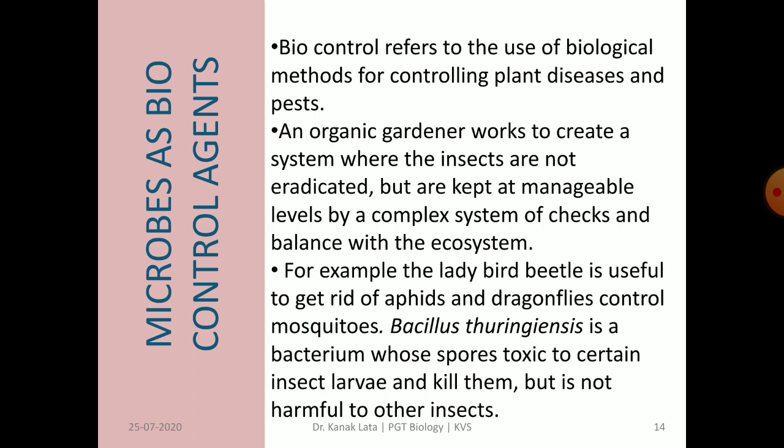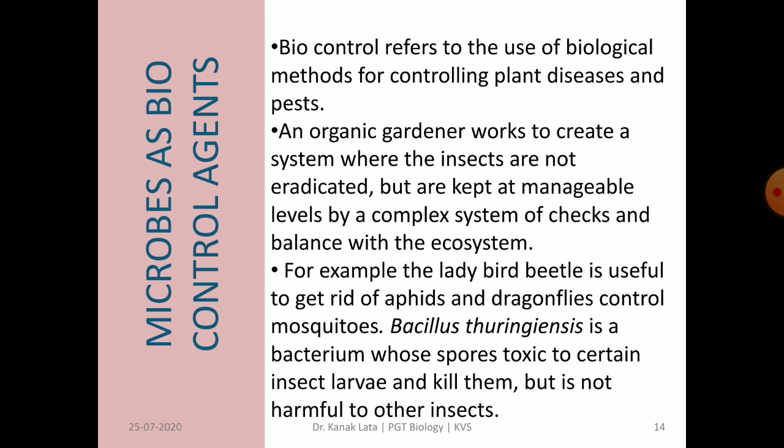Here we should not eradicate the insects completely, but they should be checked and balanced with the ecosystem. The examples are ladybird beetle, which is useful to control aphids, and dragonflies, which control mosquitoes.